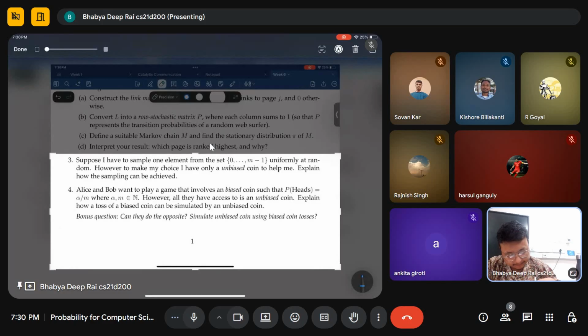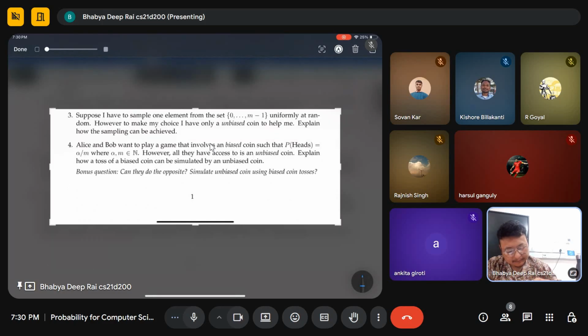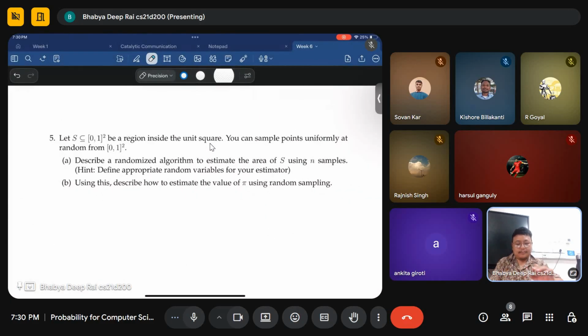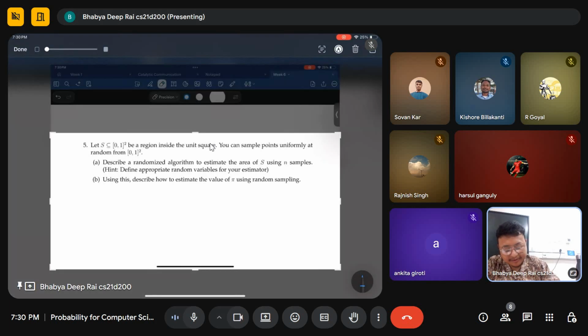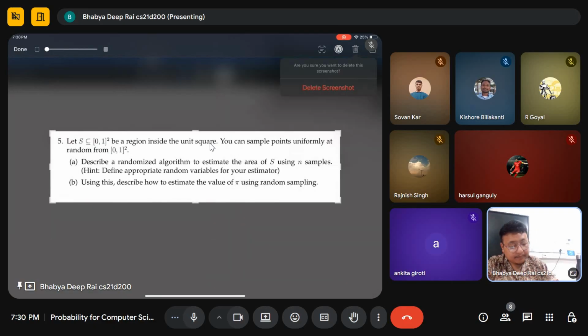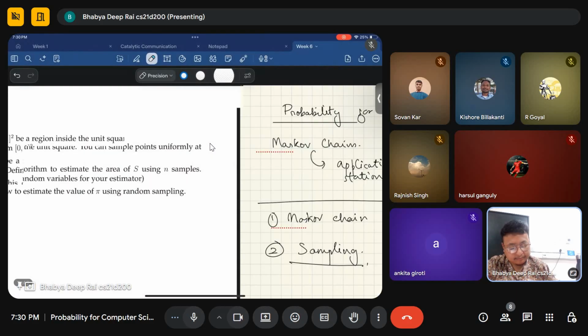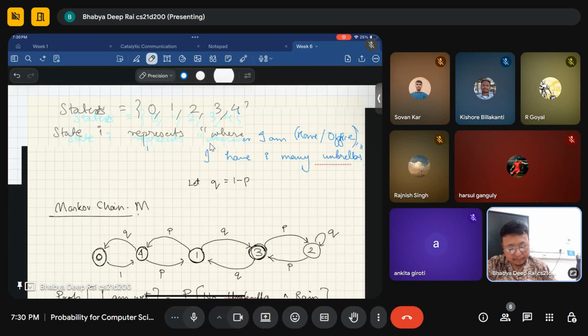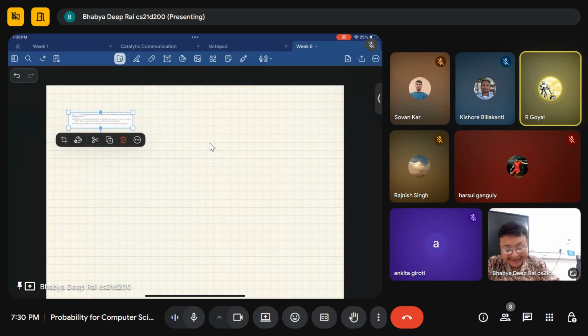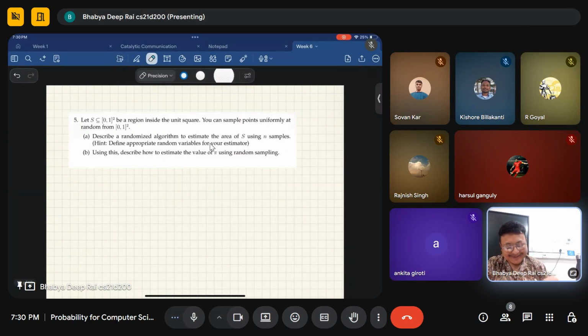Actually, let me do the last question first. I think that's simpler. Then I'll come to sampling, because questions 3 and 4 are already done in the lectures. So that guarantee thing is not covered yet. Yes, thank you.